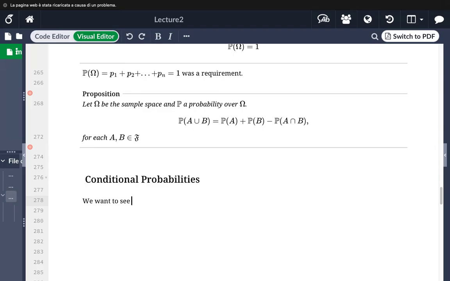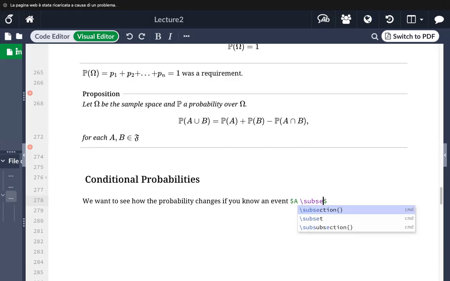And here we want to see how the probability changes if you know an event A. This is basically what we want to do now.